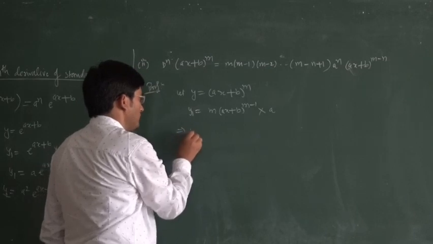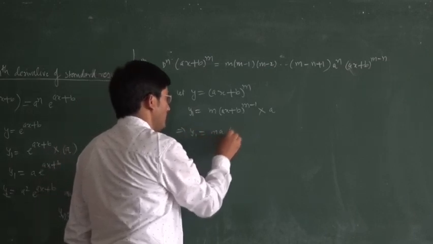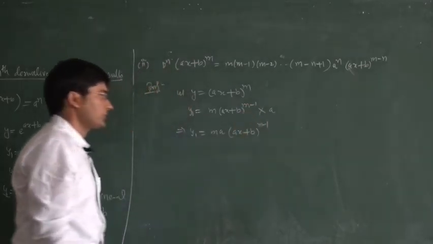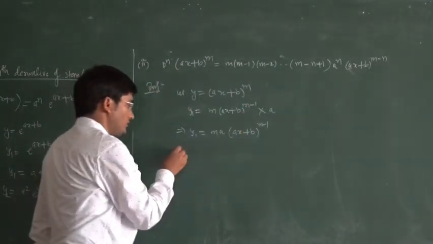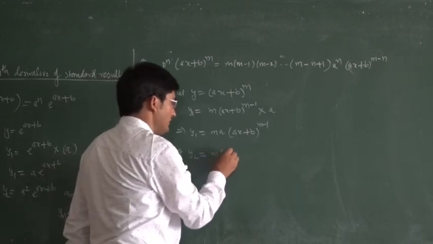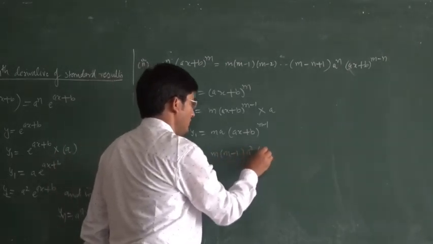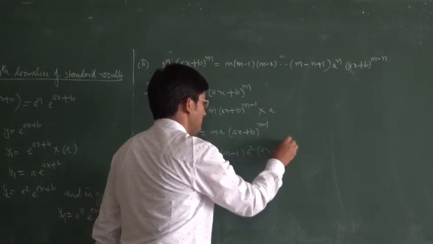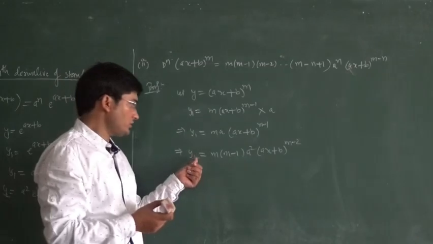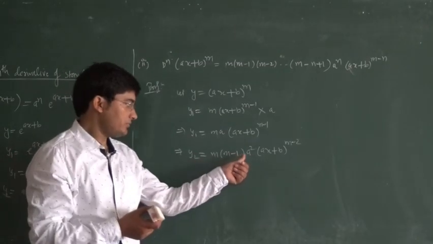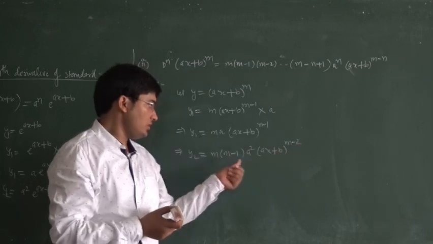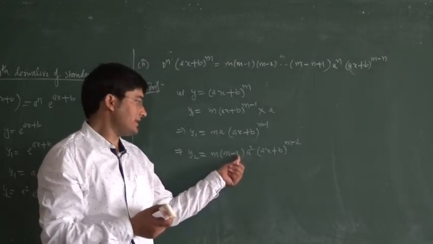So after one time differentiation, we have m into a into (ax+b)^(m-1), and your y2, the second order derivative, will be m(m-1) into a² into (ax+b)^(m-2). So here you can see that if we are differentiating two times, then we have a² and the power is m-2.